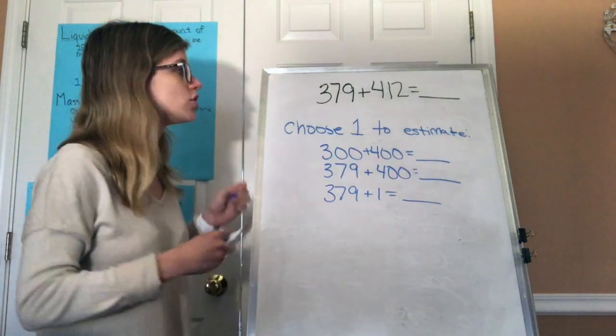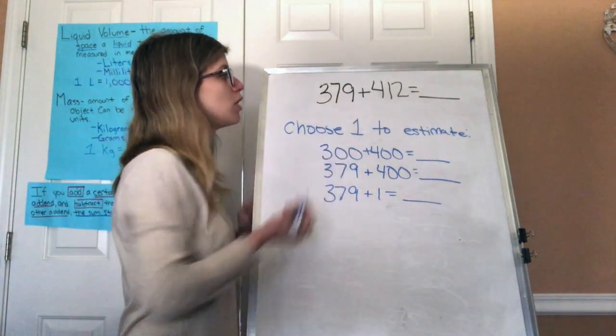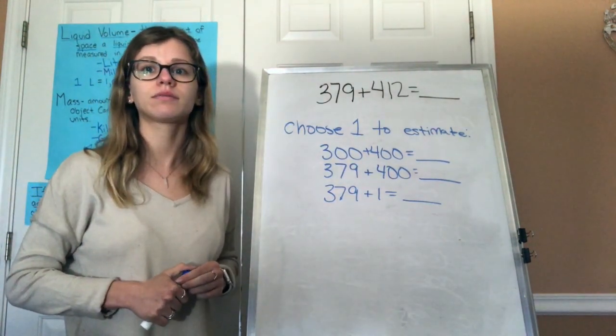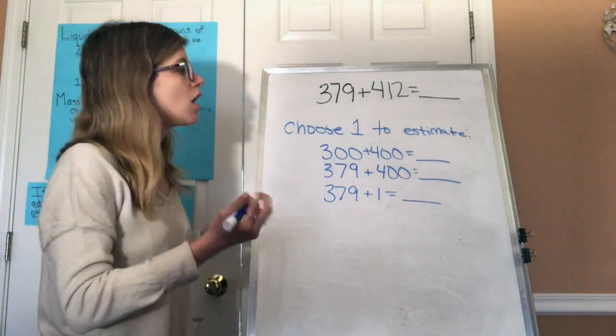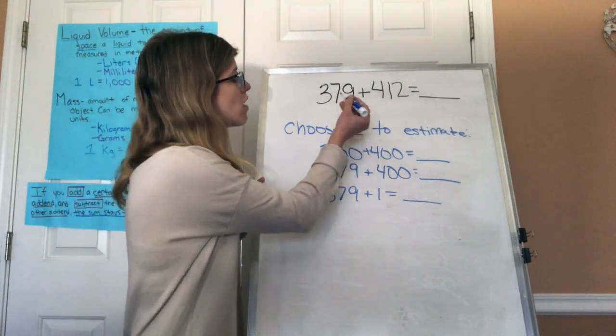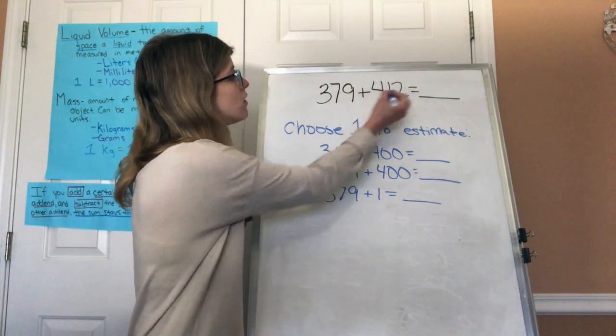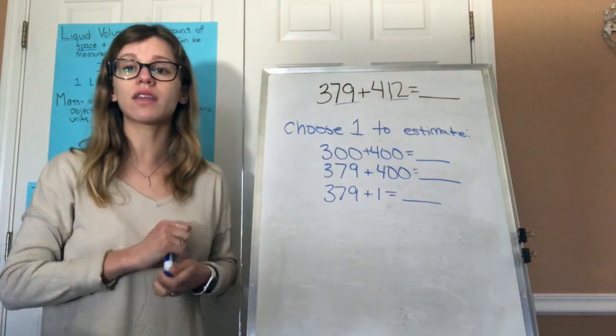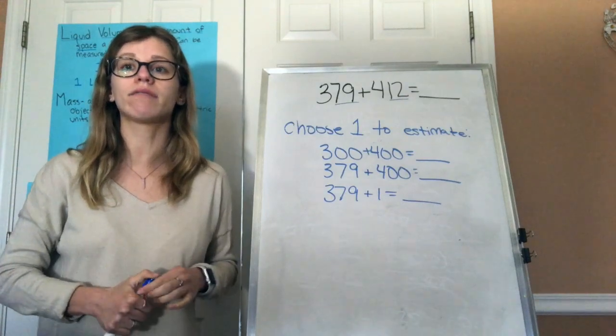What am I paying attention to in this problem to figure out how many hundreds this problem will most likely have? And also be thinking about, what do 79 and 12 tell me in this problem? Does this have anything to do with the amount of hundreds that I'm going to have?